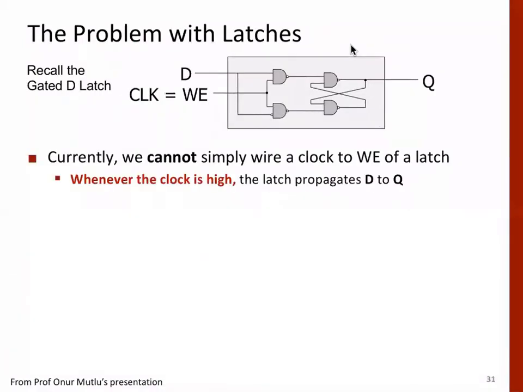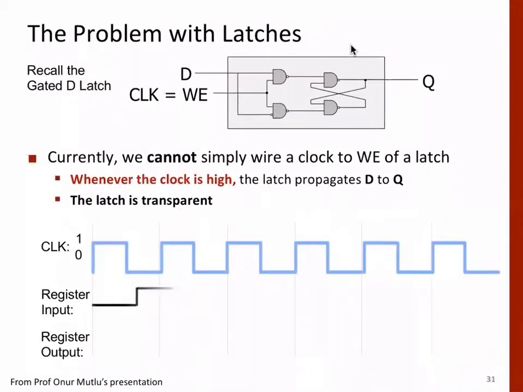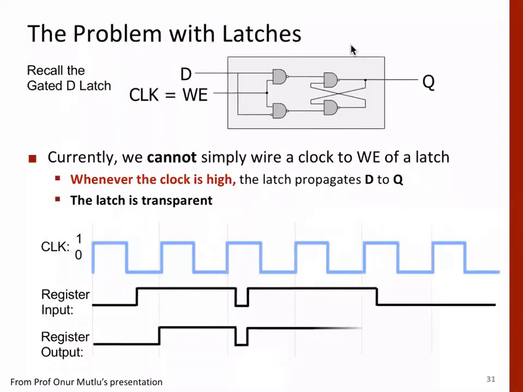However, there is a problem, and this is the typical latch problem. If we are not using an edge-triggered method and are using a level-triggered method, then whenever there is a glitch, the output also changes.